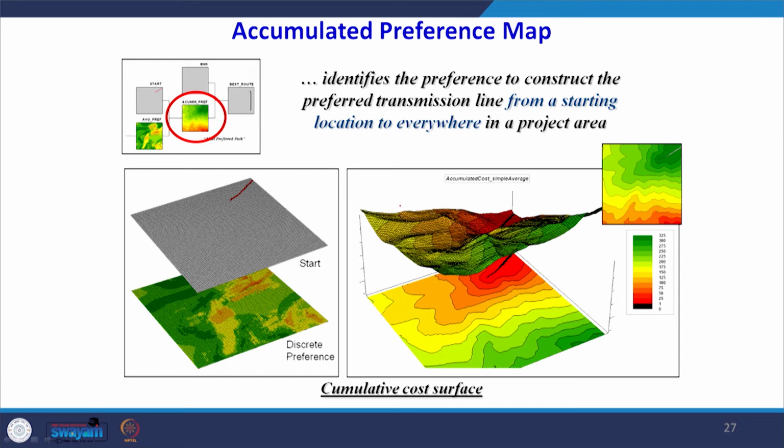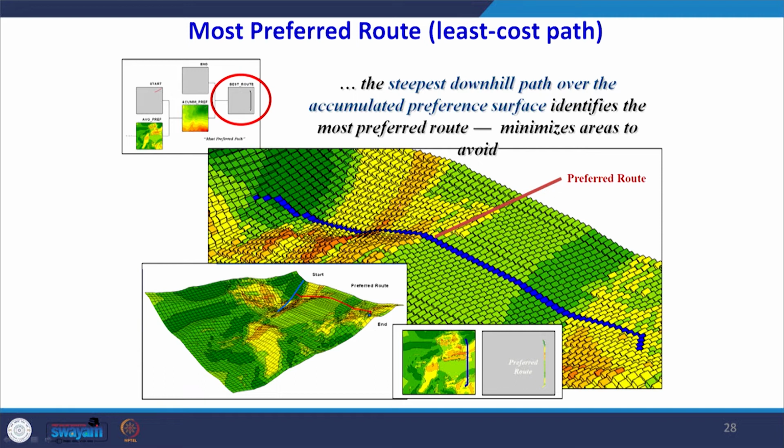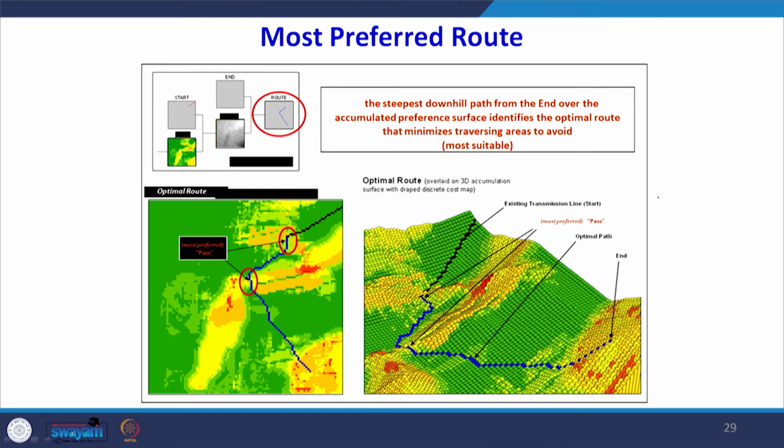When you are creating the accumulated preference maps, you can identify at the end which is the most preferred route. All the blue dots, the pixels which are joined together, make a route, and this is the preferred route because it is not only meeting all the scientific criteria, but it is the least cost route also when we are carrying out the alignment study.